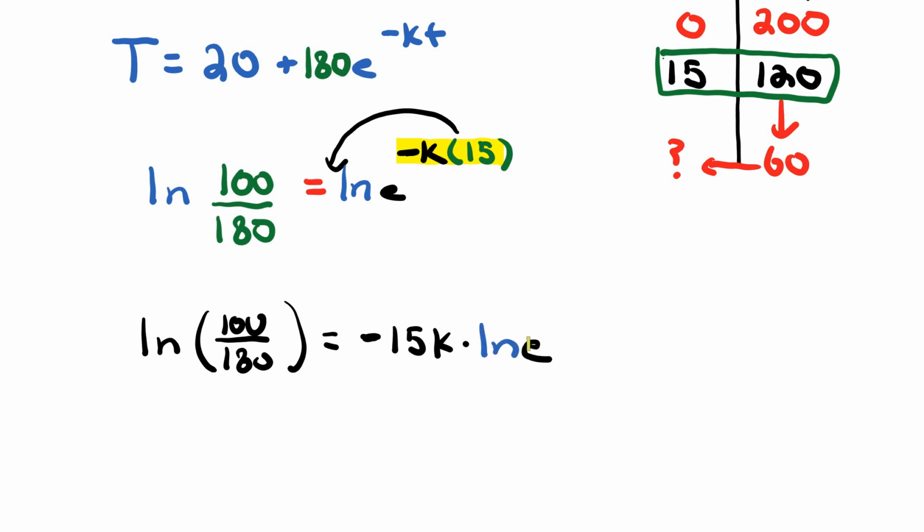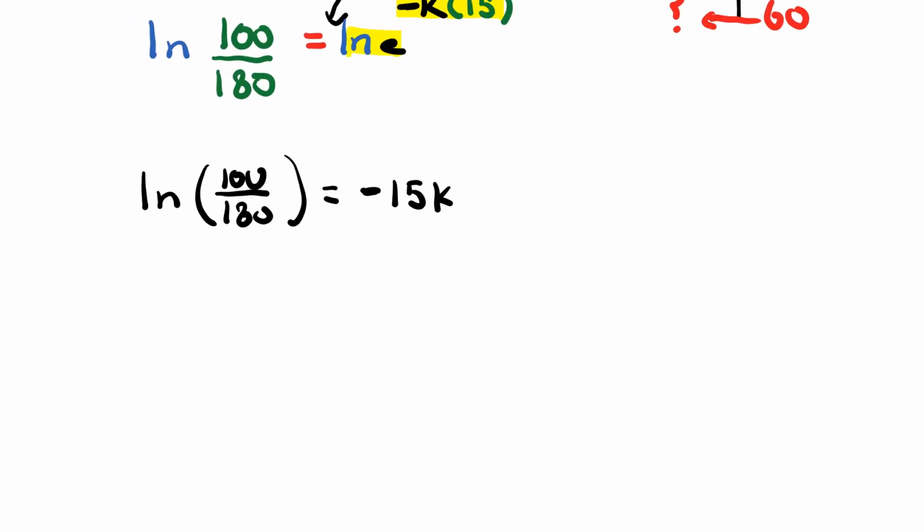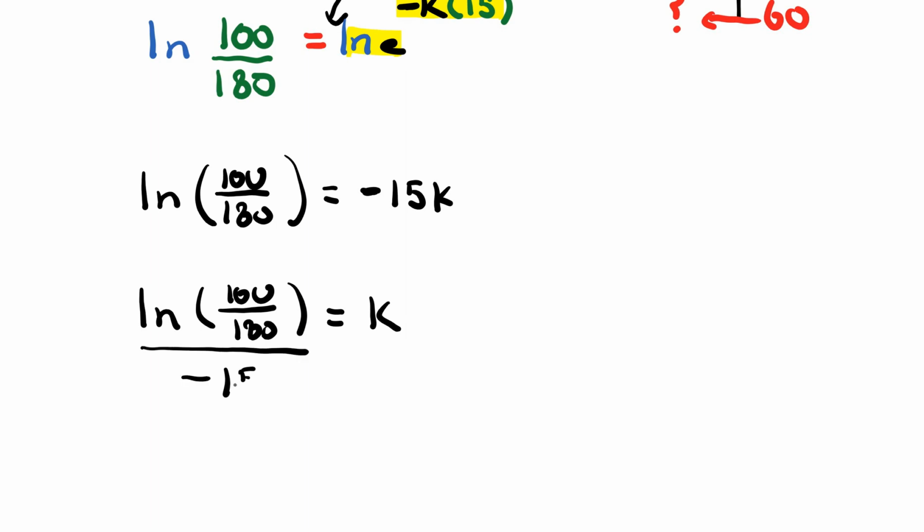And then I know that ln e is going to be 1, so I'm going to erase this now, and that just becomes negative 15k. And then from here I can isolate for k, so k would equal ln of 100 over 180 divided by negative 15.